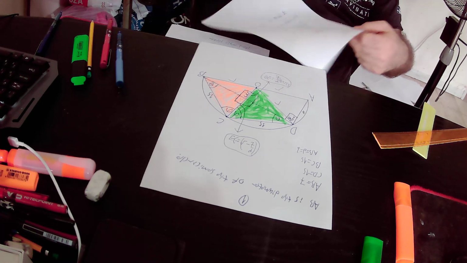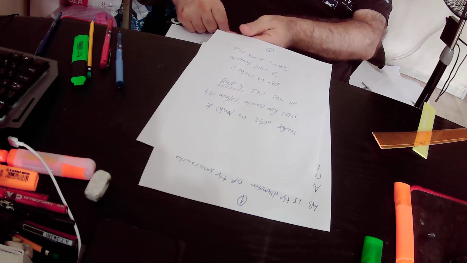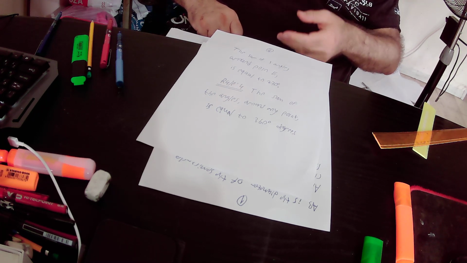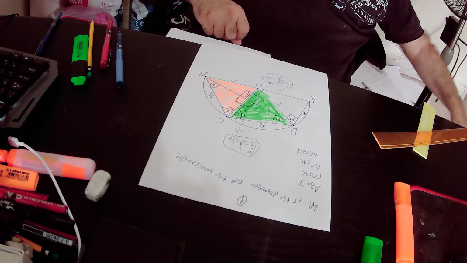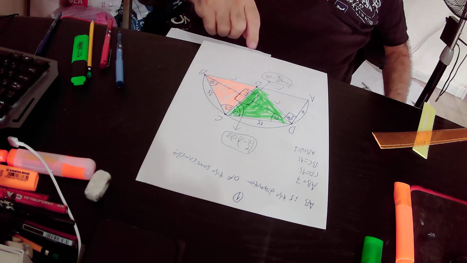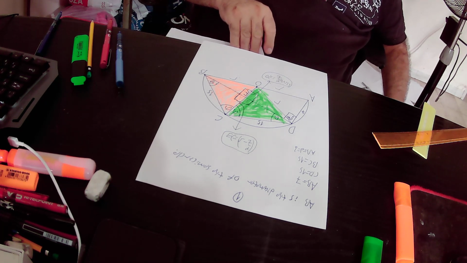And we have rule number 4 that states that the sum of the angles around any point is equal to 360 degrees. So especially around point E, the sum of the angles must be equal to 360 degrees according to rule number 4.